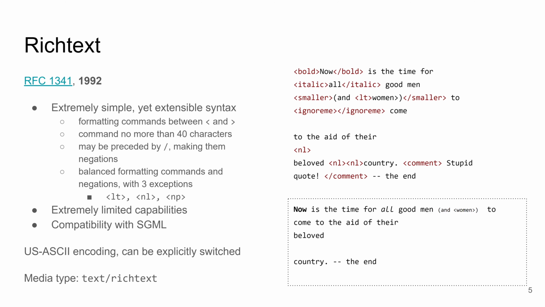And the last notable thing about rich text, beyond it being limited to US ASCII, but with explicit commands that switch to other encodings, is its compatibility with SGML. We actually didn't talk about SGML, but SGML is a language that can be viewed as a predecessor to both HTML and XML.